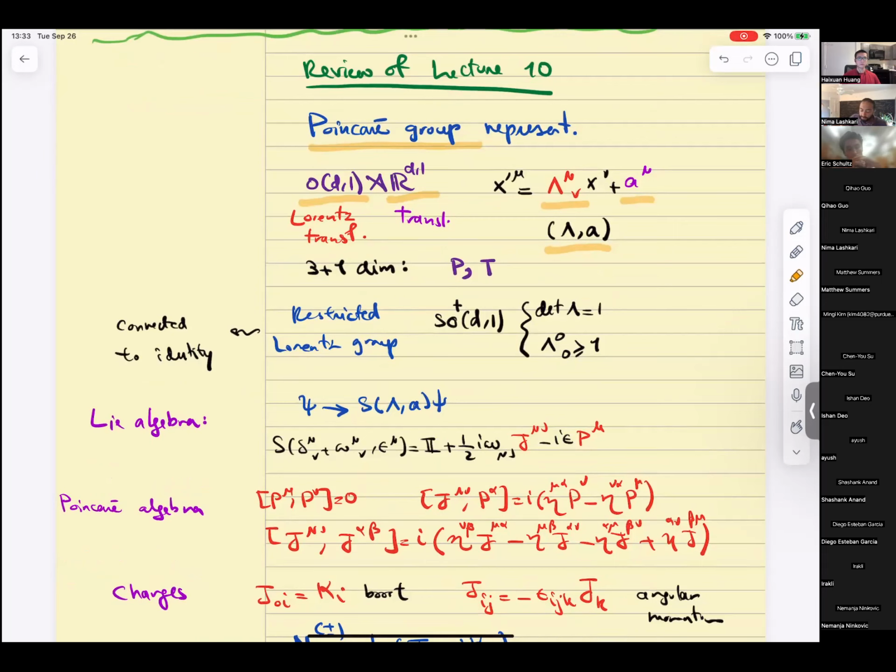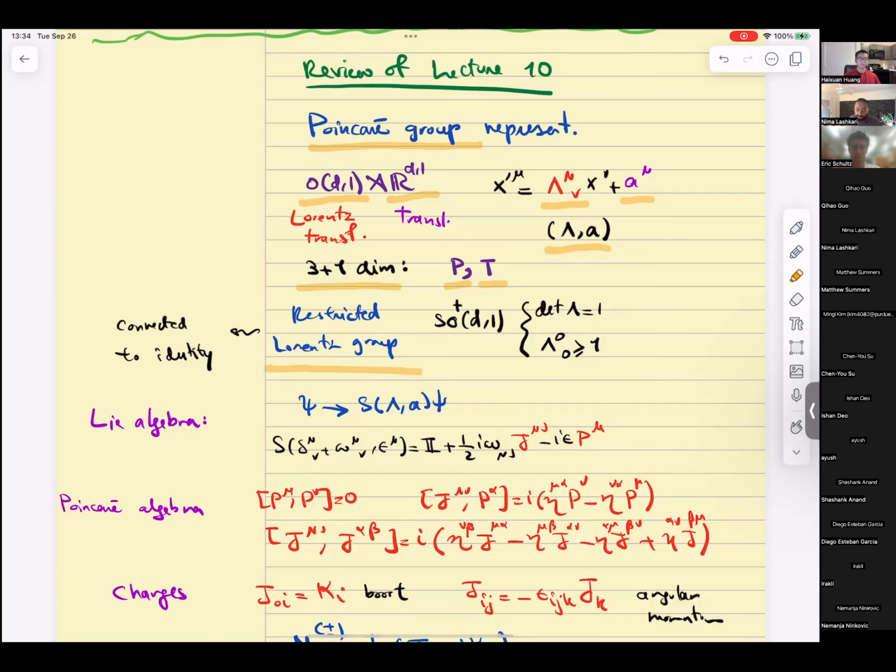Then we said that in specializing to 3 plus 1 dimensions, because the representation theory depends on the dimension, and that's the dimension of interest for us, we found that there are parity and time reversal as discrete Z2 subgroups of the Lorentz group, actually. So there are 4 disconnected parts to this Lie group.